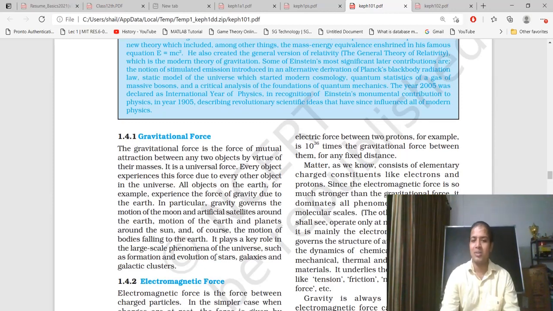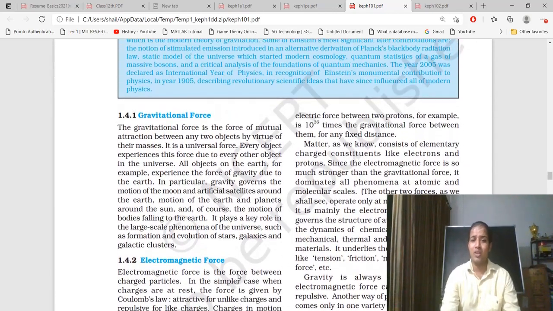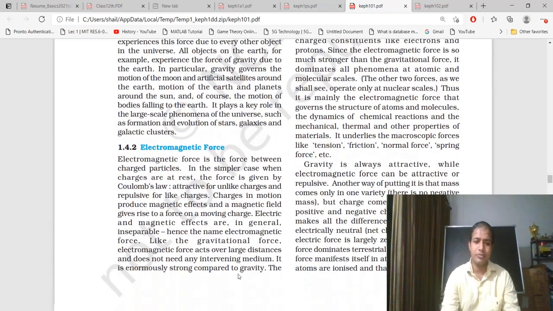You must not count only the scalar way, because scalar addition will be helpful only if both objects are in the same direction, in the same line along which the force is applied. But in any other geometry, the gravitational force is the sum of vectors. Force is a vector quantity, so its addition will be vector addition, not scalar.